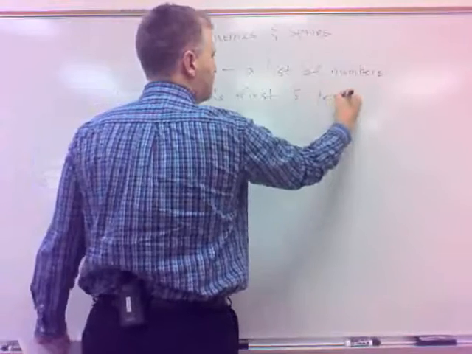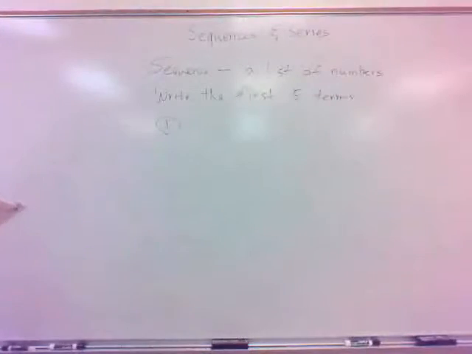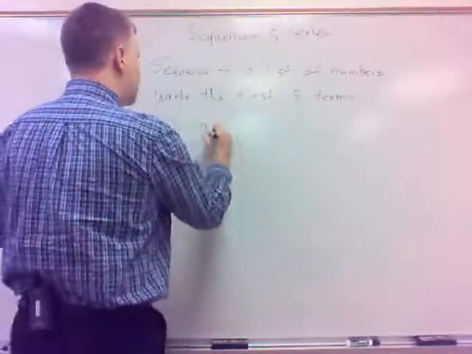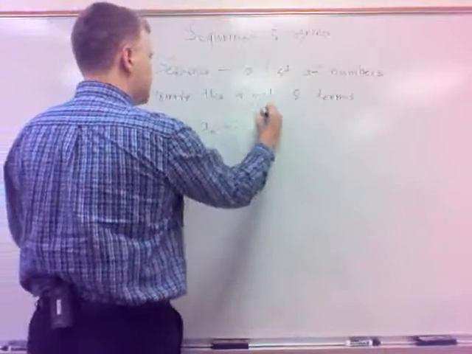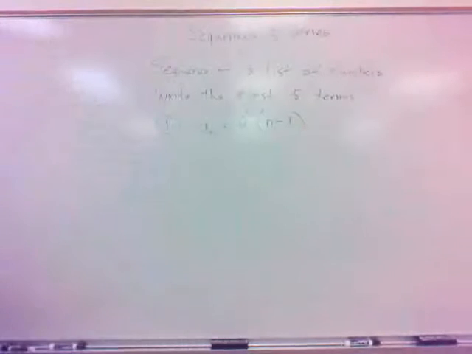So let's do that a little bit here and see some other patterns. What if we have a sub n equals 2 to the n times parentheses n minus 1? They can get quite complicated, but this is about as complicated as we'll go.